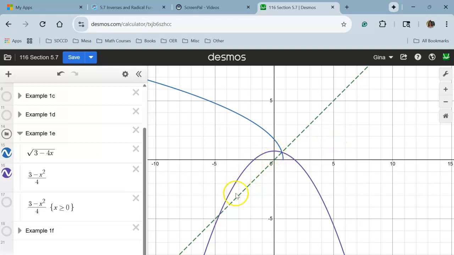We don't want this other part that's to the left. So for our final answer, we need to restrict the domain to take the x values that are greater than or equal to 0 only. The other way we could have known this is by looking at the range of our original function. The original range was y values greater than or equal to 0, so the domain of our inverse function needs to be x values greater than or equal to 0.